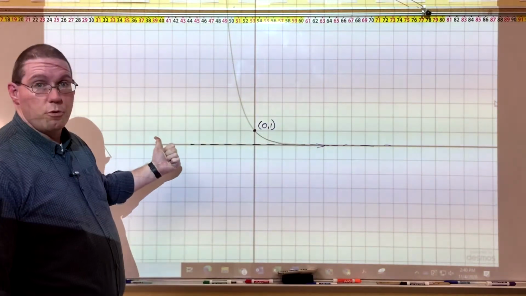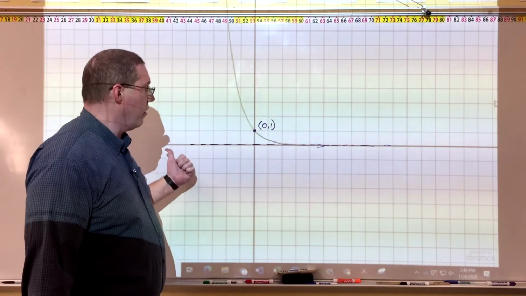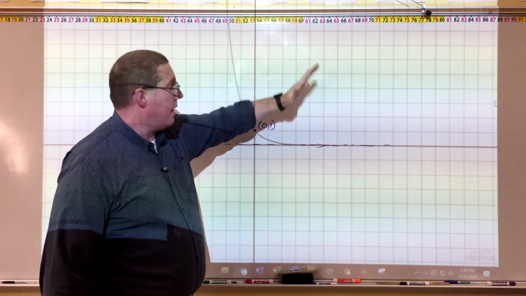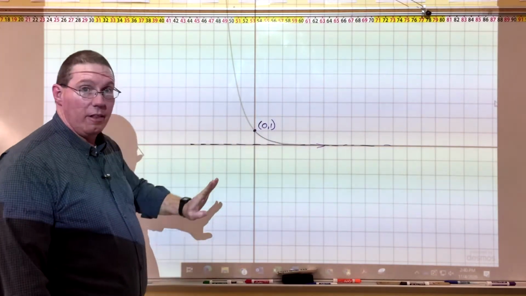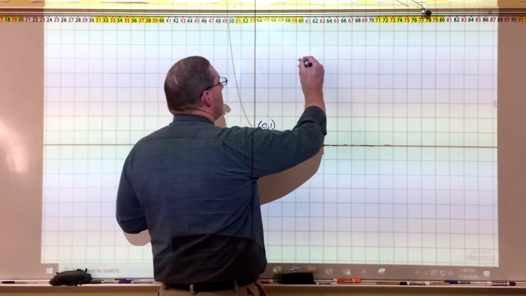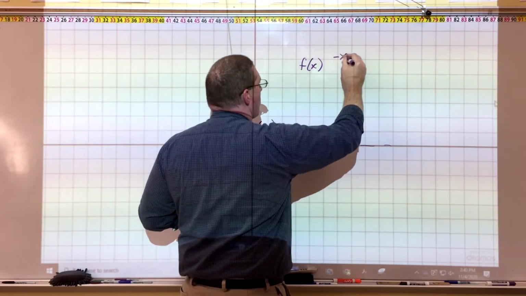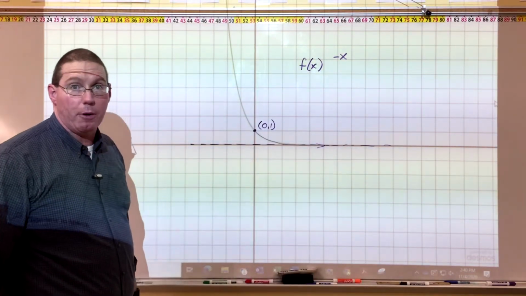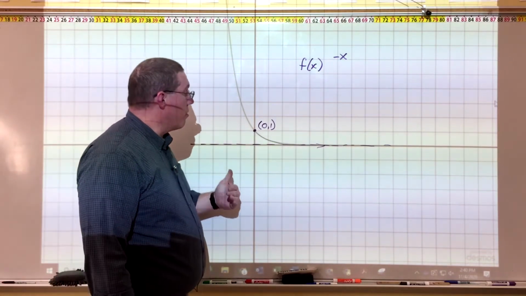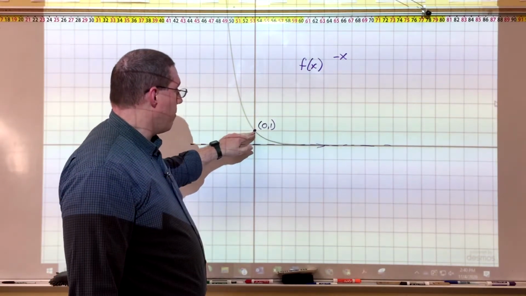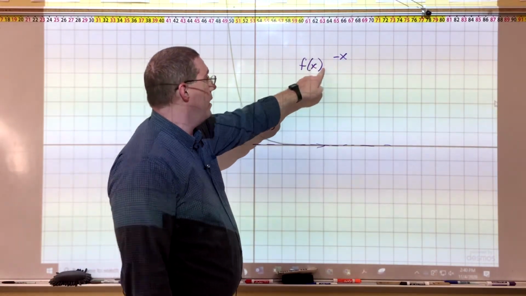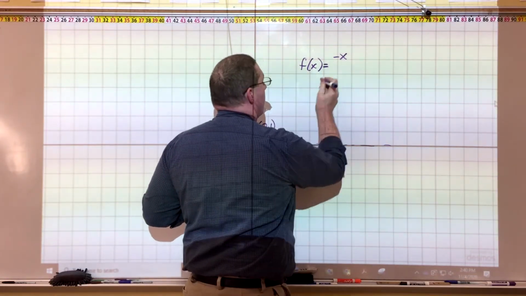Normally the asymptote goes off to the left. Normally we're flat to the left, steep to the right. Here we're flat to the right, steep to the left. This must mean that this function has a negative on the exponent. So it's going to be to the negative x power, okay? We know that it's not upside down because it's passing through the point 0, 1, so there's not a negative in front of the base.